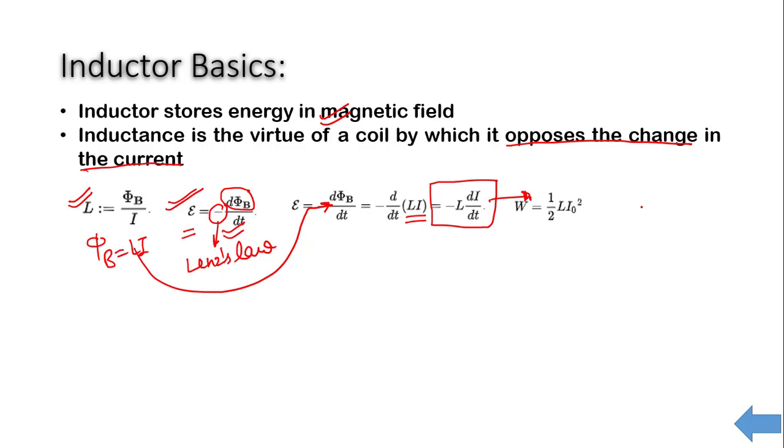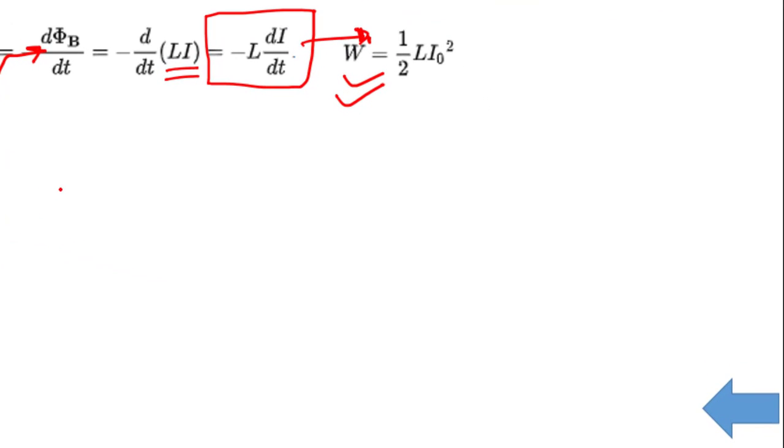And the energy stored in an inductor in magnetic field is given by simply W is equal to half Li square. Now we want to see what this negative sign means over here. For that, I'll take a very simple example. Let us assume I am having an inductor where there is a current I flowing. Let us assume first this current is increasing.